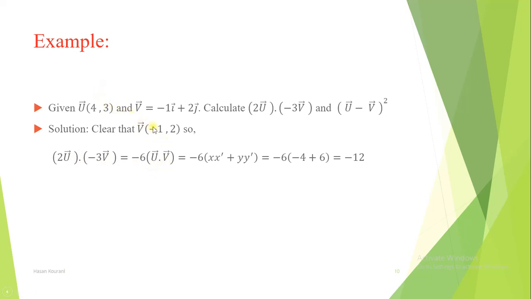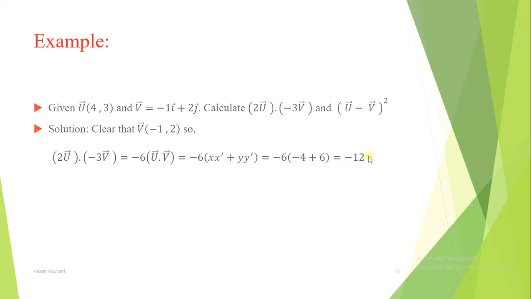As you see, we are dealing with coordinates of vectors, so it's good to use the analytic definition of scalar product, which is xx prime plus yy prime. So we have x, y, x prime, y prime, directly x by x prime, which is minus 4 plus 6. At the end we got minus 4 plus 6, which is 2, multiplied by minus 6, which is minus 12. Okay, clear?